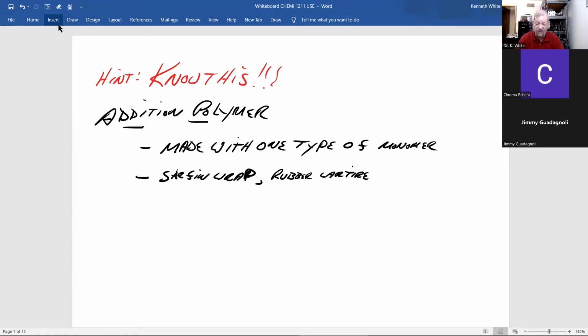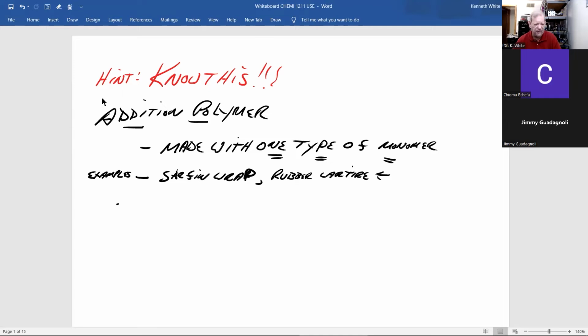That unit is called isoprene. So an addition polymer is made with one type of monomer. You should know this. Examples you should know: one is saran wrap, another is the rubber car tires. There are others, but these are two you should remember, one of them at least.